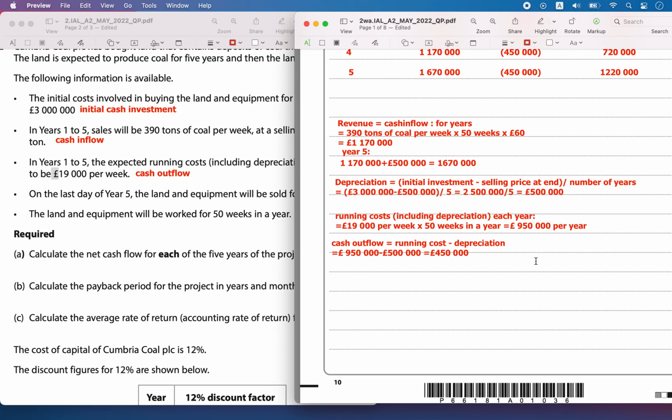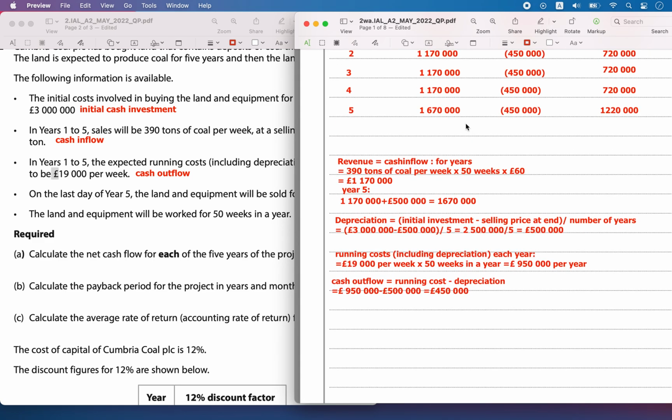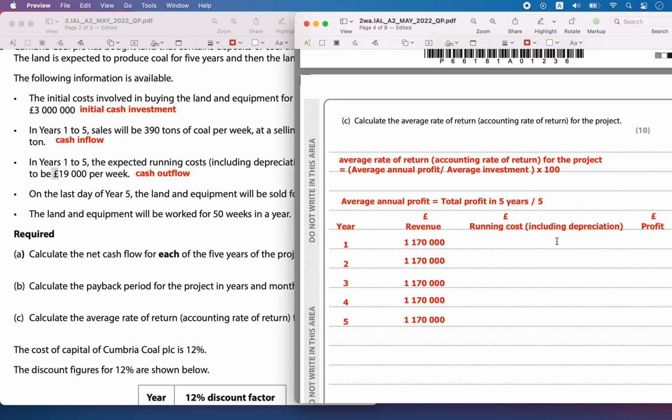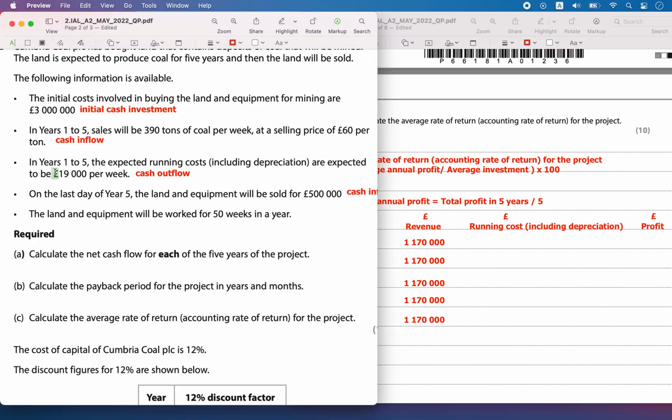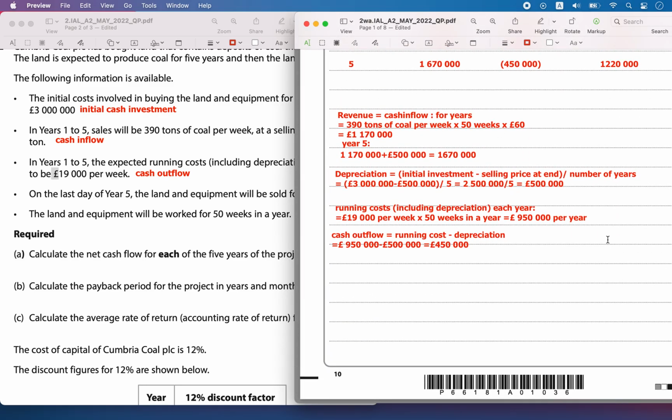We had already calculated it: the running cost is 19,000 pounds per week times 50 weeks in a year, which is equal to 950,000 per year.